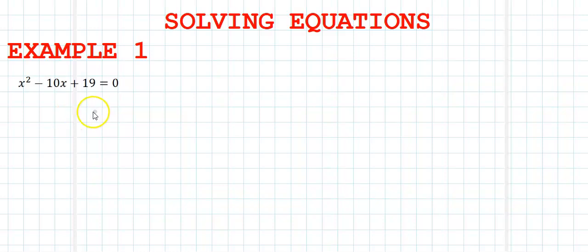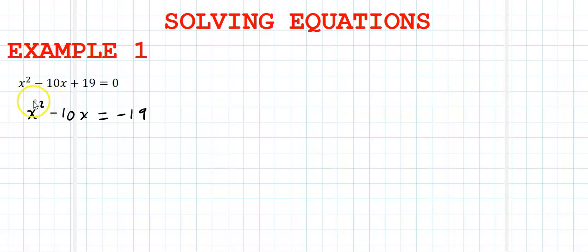If we multiply both factors, we get 19. But the addition or the subtraction of the numbers is not negative 10. So the first step is to isolate the variables on the left side of the equation. In this case, x to the second power minus 10x equals negative 19.